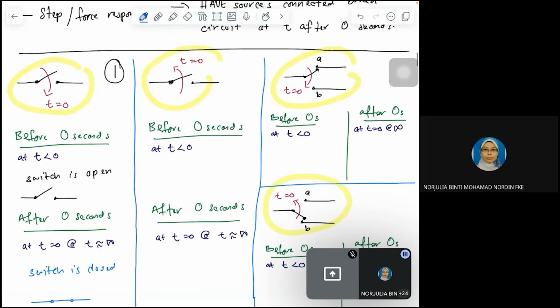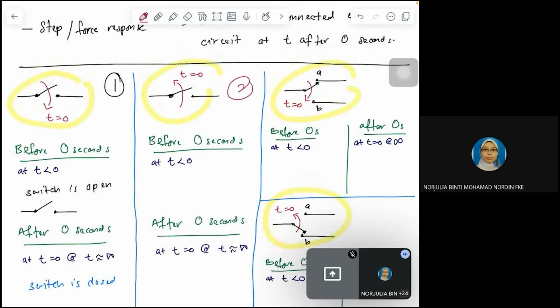All right, let's move to the next switch. For switch number 2, it is the same single pole switch, but the arrow is going out, or going up.